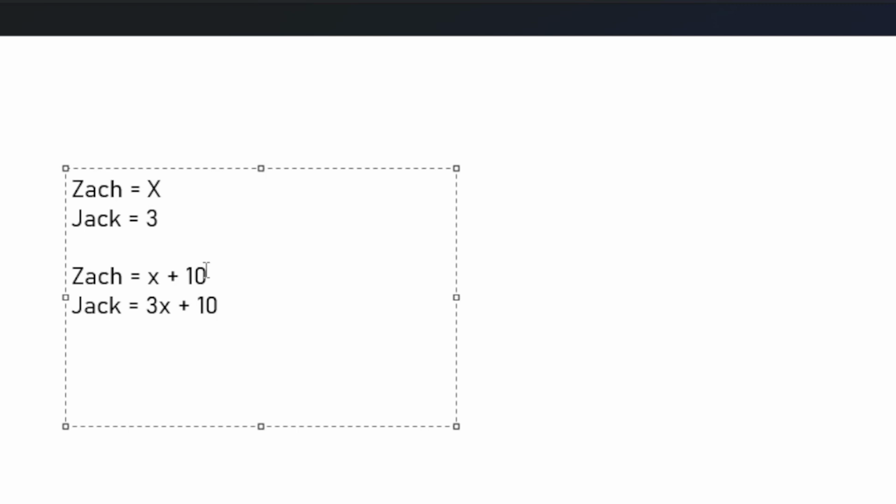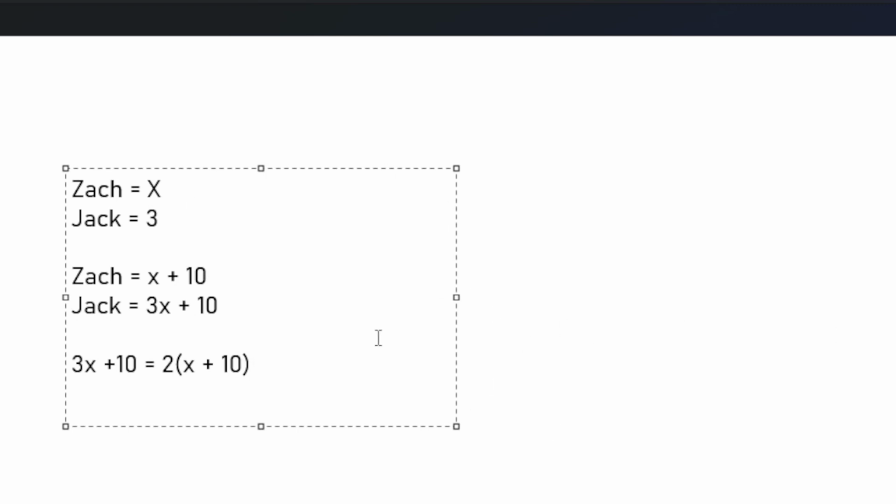Now the problem tells us that in 10 years, Jack will be twice as old as Zach. So we can set up an equation based on this information. So 3x plus 10 equals 2 times (x plus 10).